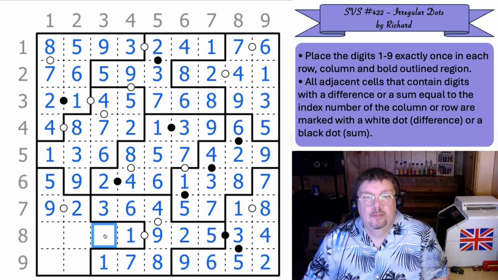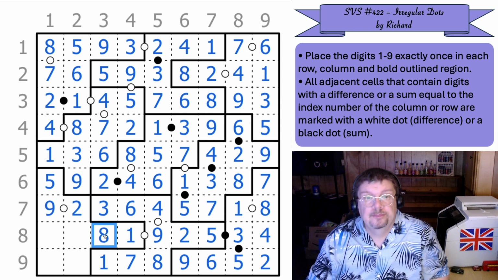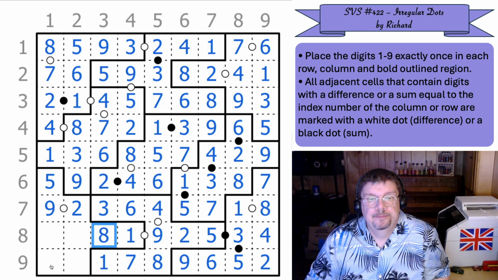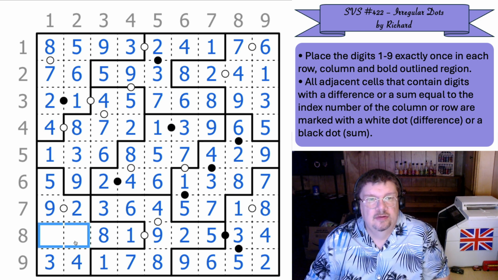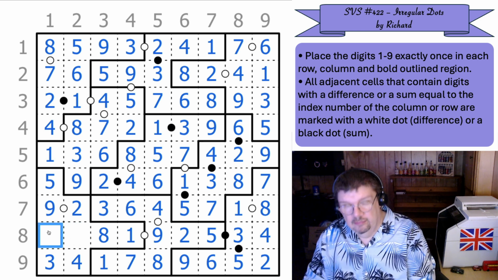In this column, we need an 8. In these two, we need 3 and 4, and we know the order. And these two, we need 6 and 7, and we know the order of those as well.